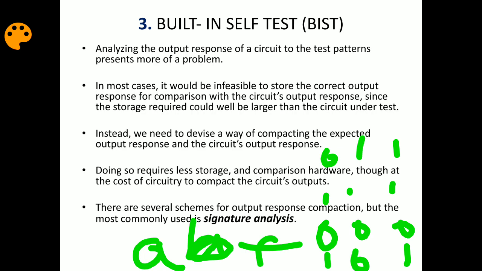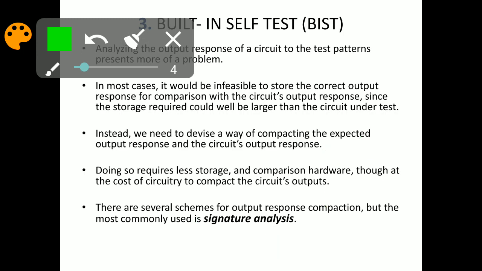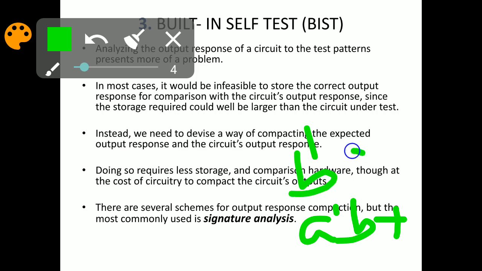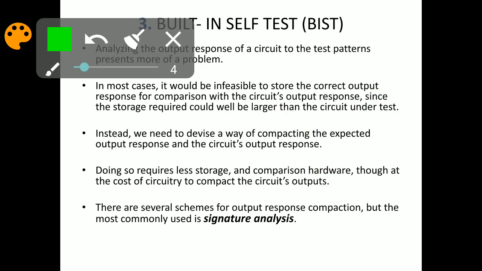Then the expression will be A prime B ORed with B prime A ORed with AB. How are we writing it? Based on considering only logic 1 values from the output column, right? Similarly, we will consider the same logic here.